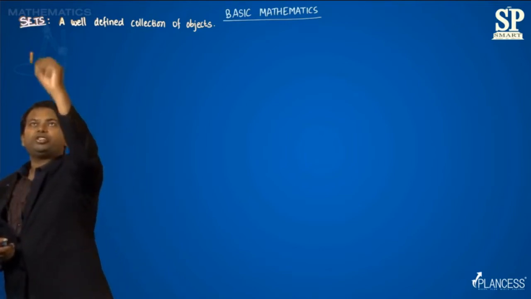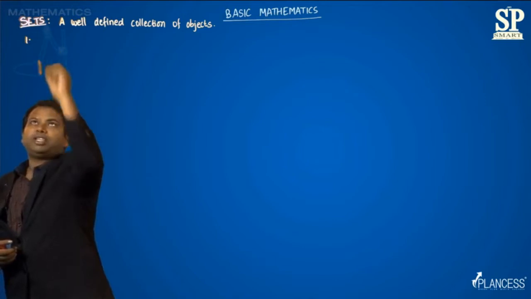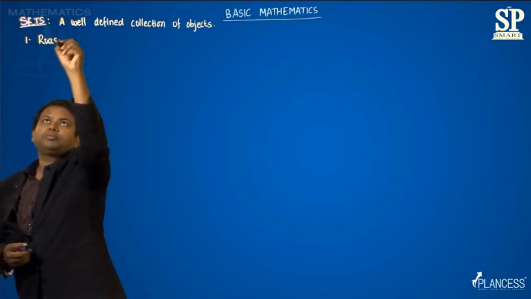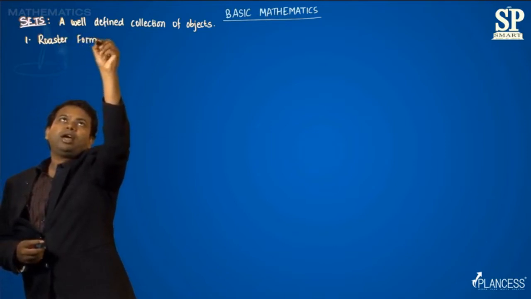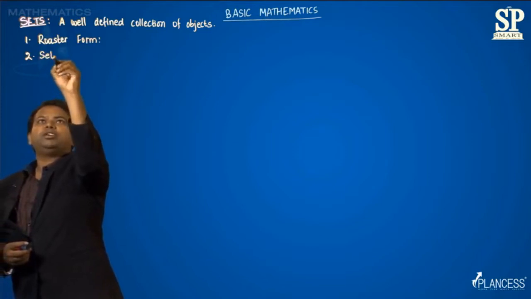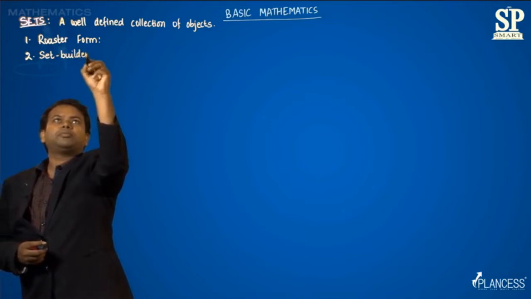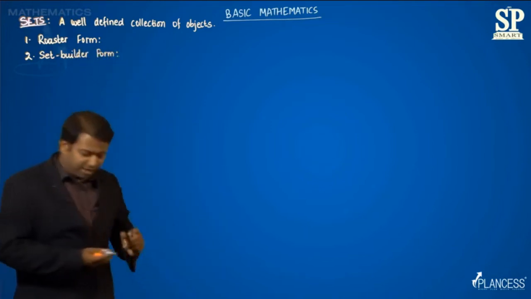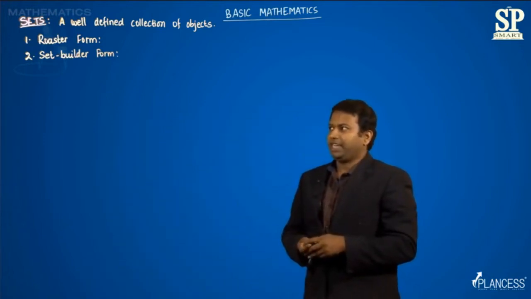There are two ways of writing a set. The first method is known as the roster form, and the second form is known as set builder form. These are basically two forms of representation of sets.